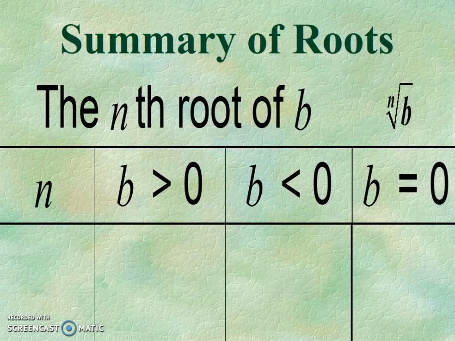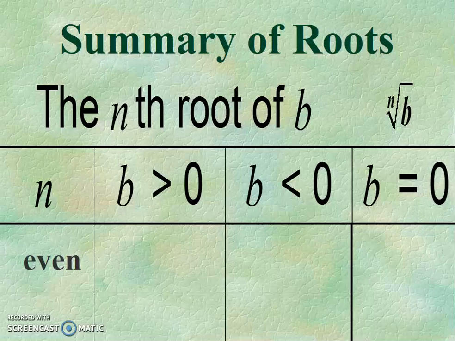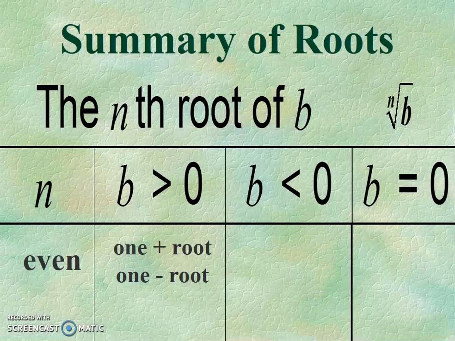Alright, so make sure you have this chart in your notes. So the summary of roots. The nth root of b, so n is our index and b is our radicand. So if n, our index, is even, and b is greater than 0, so it's a positive number, there's a positive root and a negative root.